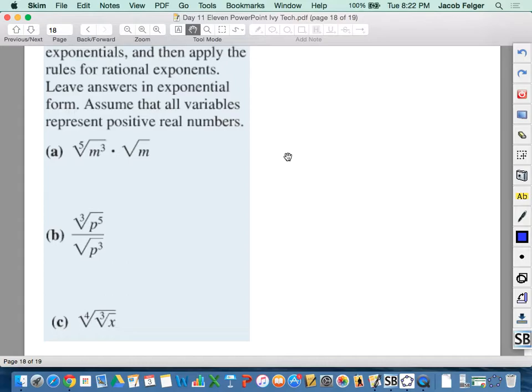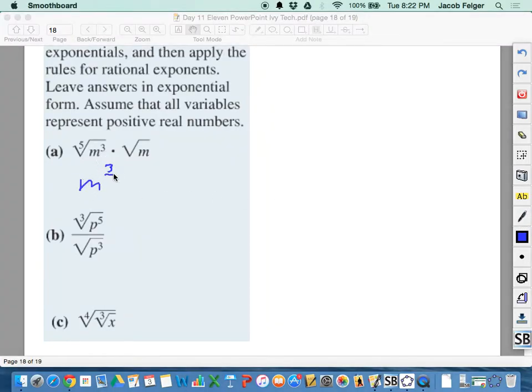So if you're given the radical form, this would be m to the 3/5. And this would be m to the, so the denominator goes in the crook, and the crook here isn't written. If it's not written, it's assumed to be a 2, since it's a square root.